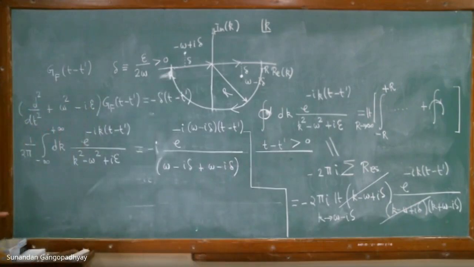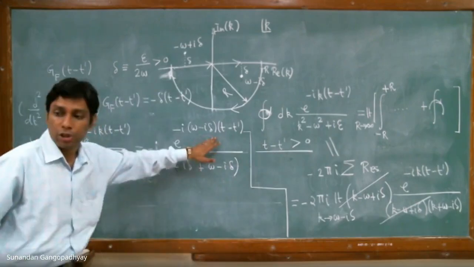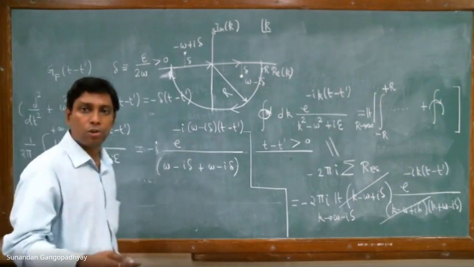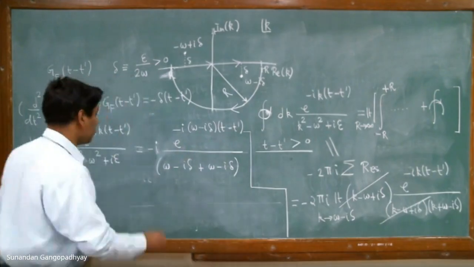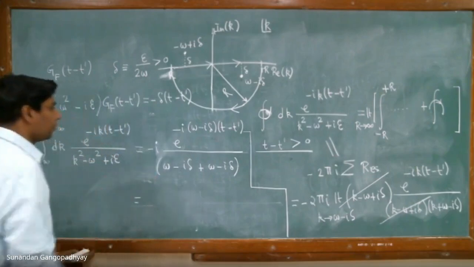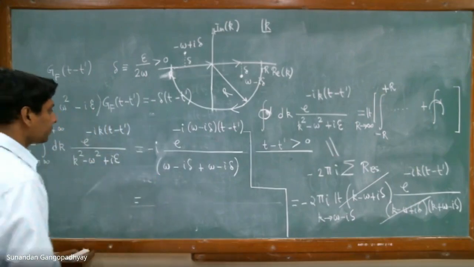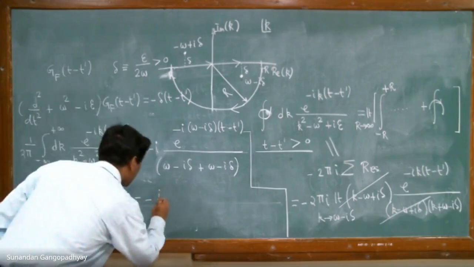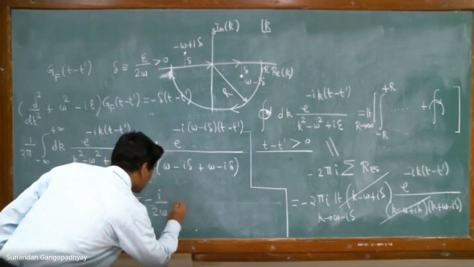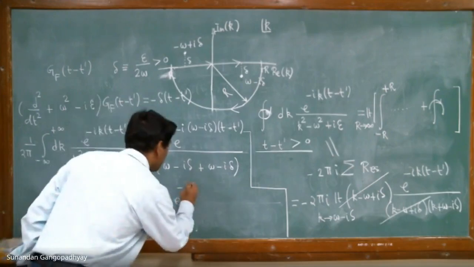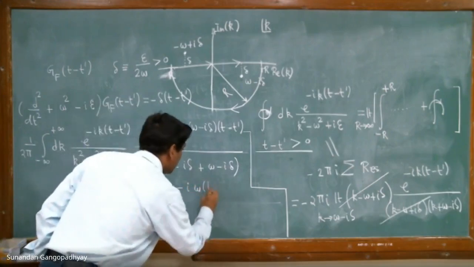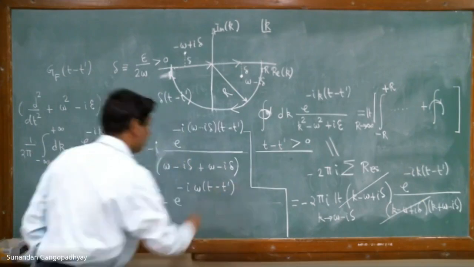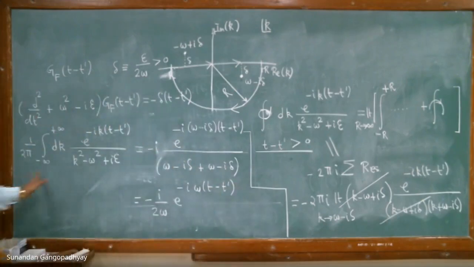And at the end of the calculation, we want to take delta going to 0 limit, right? Because epsilon goes to 0, and therefore delta also goes to 0. And therefore, what we have is the following. So we have minus I by 2 omega e to the power of minus I omega t minus t prime. So this is the result of this integral for t minus t prime greater than 0.